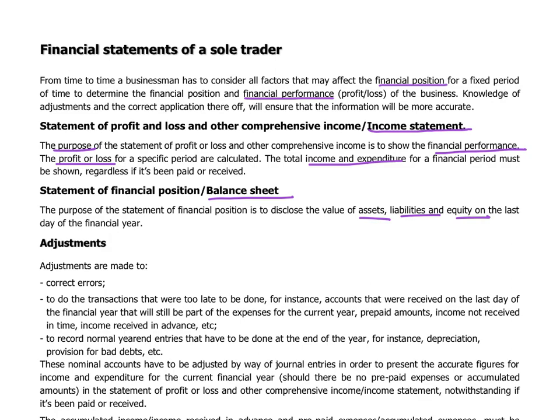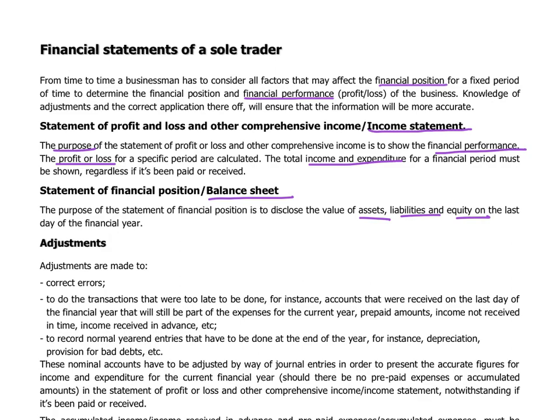So during the year, we will record all our entries in the subsidiary journals. From the journals, we will post to the ledger accounts, draw up a trial balance. Then at the end of the year, after we've completed this monthly position in the trial balance, we will have to do some adjustments because some of the entries were not completed in time, or some of the entries were omitted, or you made mistakes.